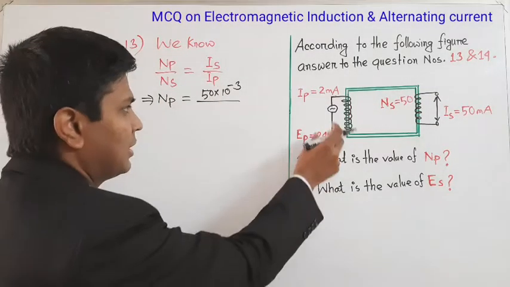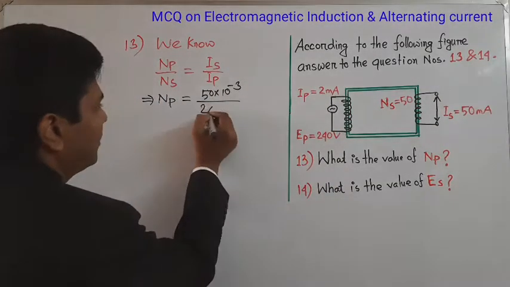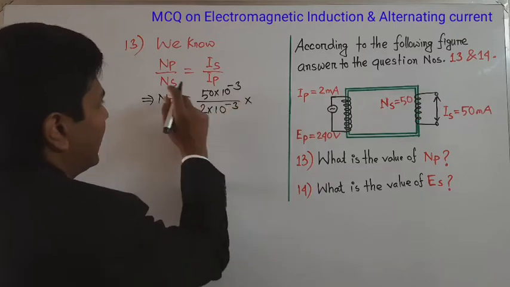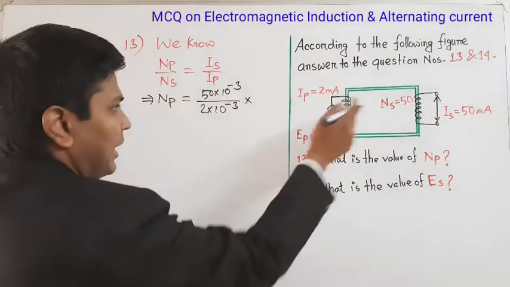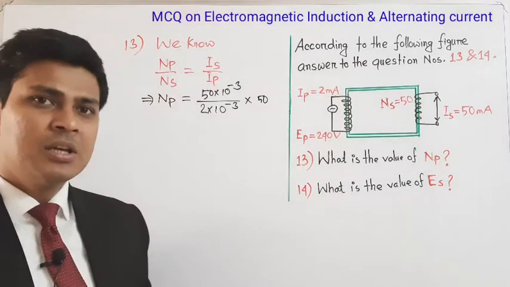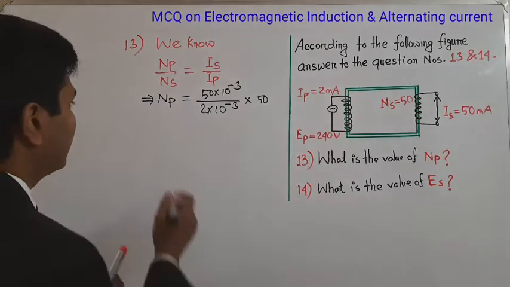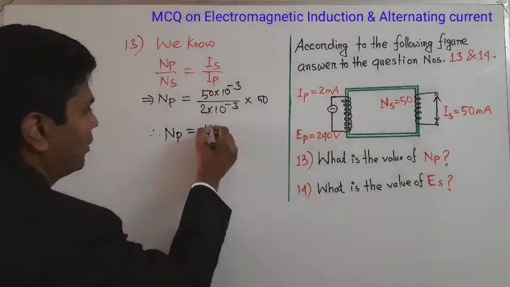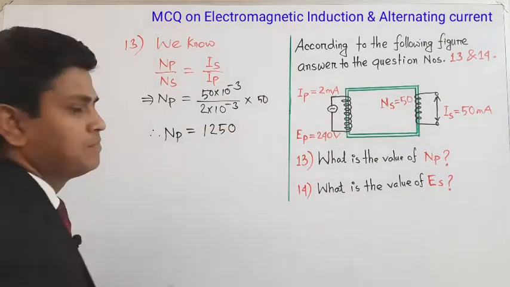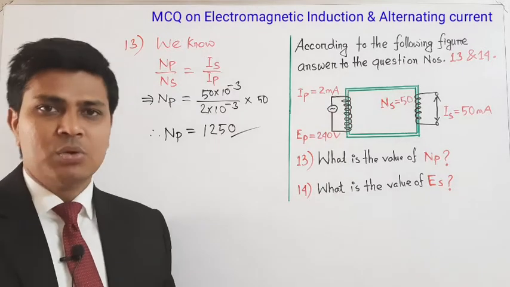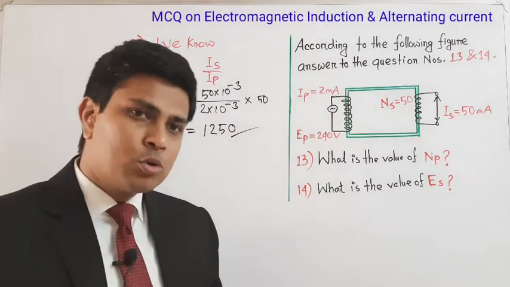Ip is here 2 milliampere. 2 milliampere equals 2 into 10 to the power minus 3 ampere, and Ns is here 50. And after calculating that expression, you will get Np, that is the number of turns of the primary coil, as 1450. This is the answer of question number 13. Hope you have understood.